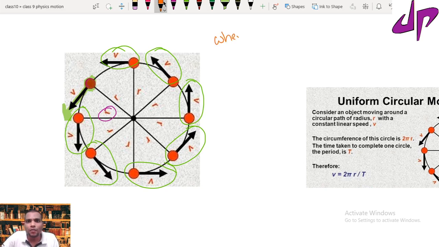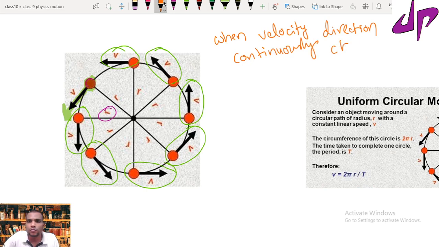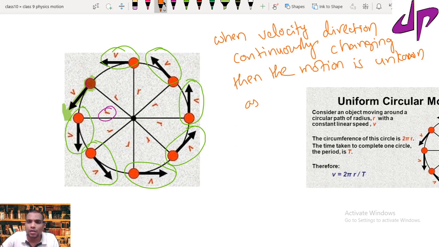I can write: when the velocity direction is continuously changing, then the motion is known as accelerated motion.